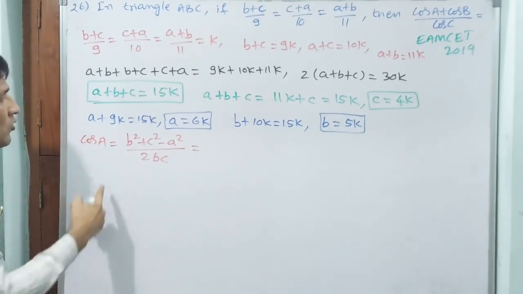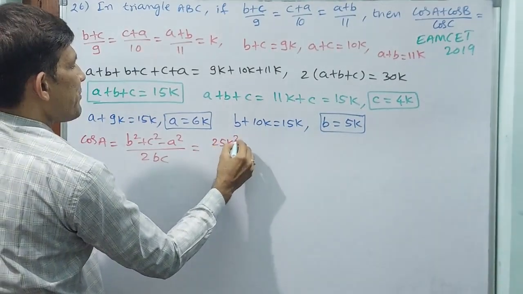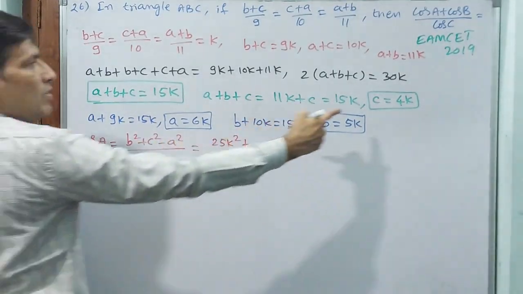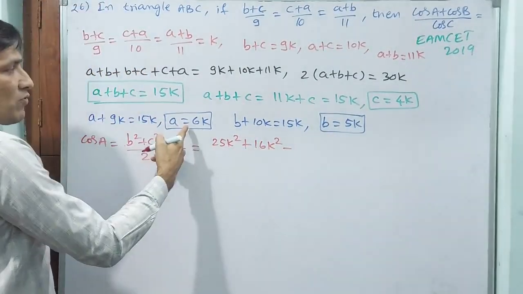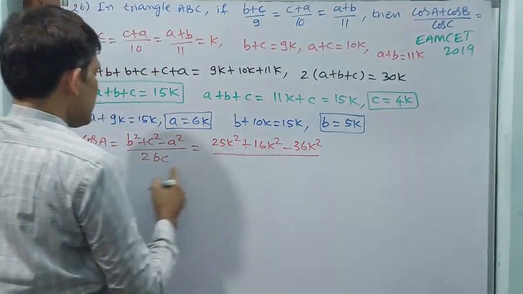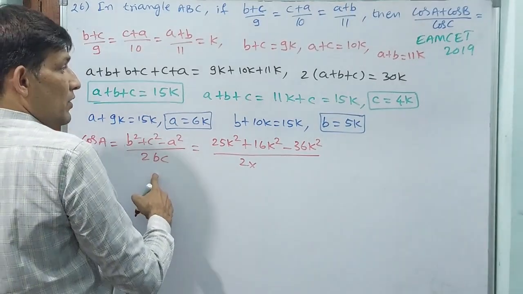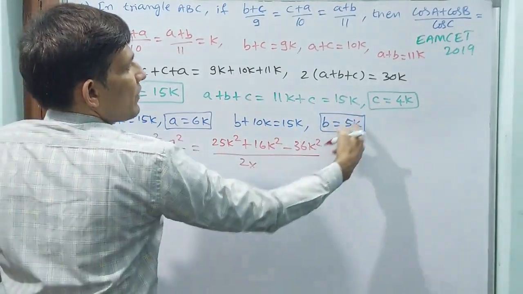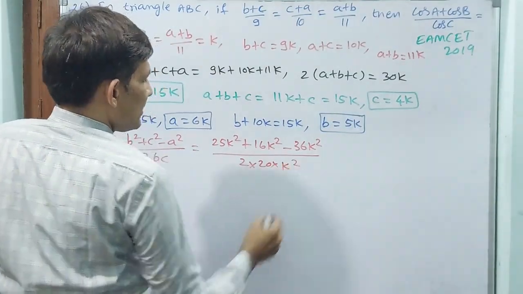That is equal to b² means what? 25k² + c² means what? 16k² - a² means 36k², divided by 2bc. See, 2 into b into c, 5 into 4, 20 into k².